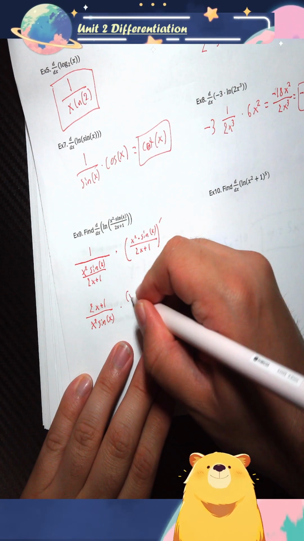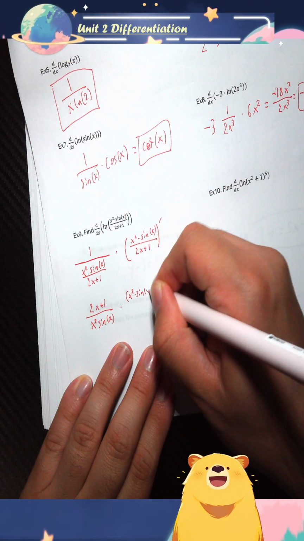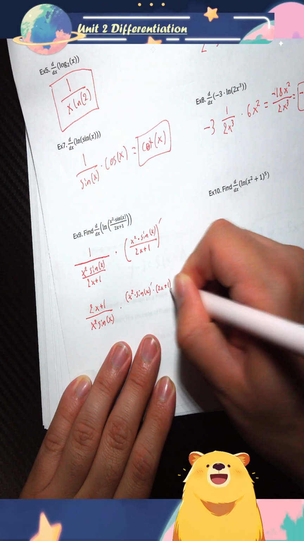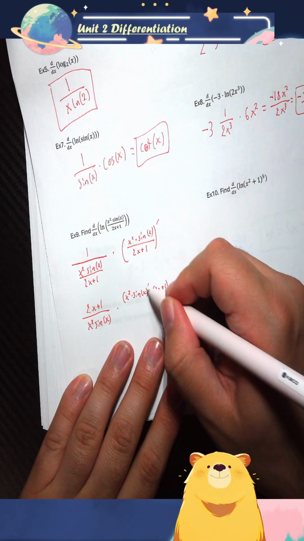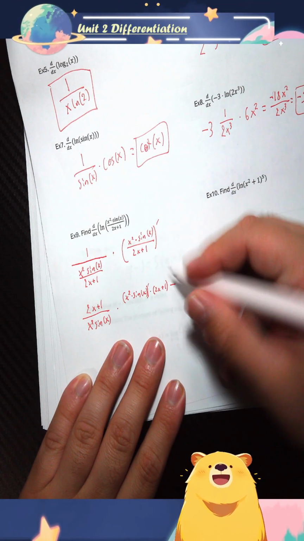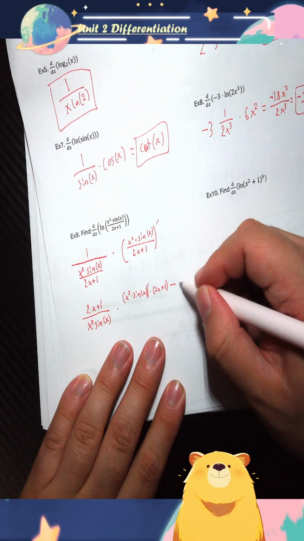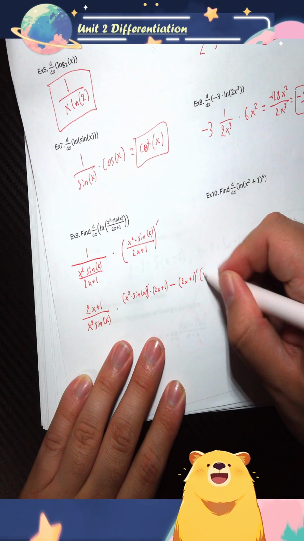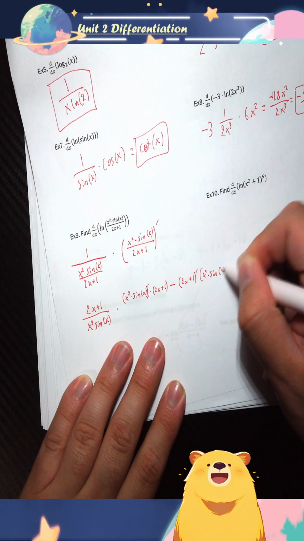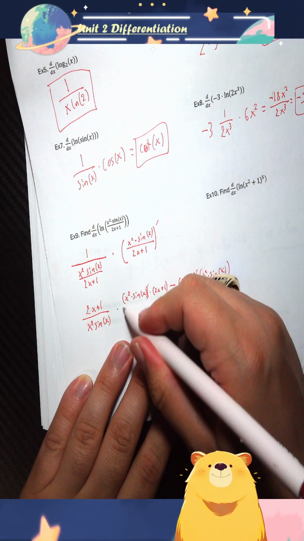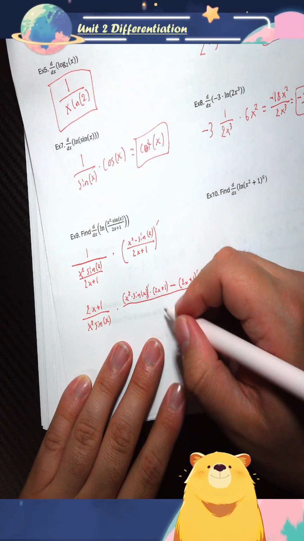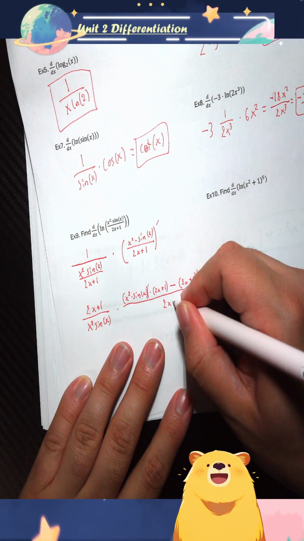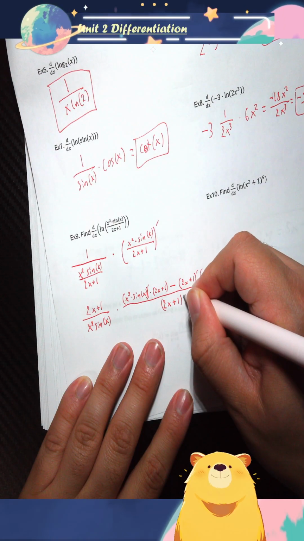So we're doing x squared sine of x prime times 2x plus 1 minus, here I'm still gonna write 2x plus 1 prime times x squared times sine of x, all over 2x plus 1 squared.